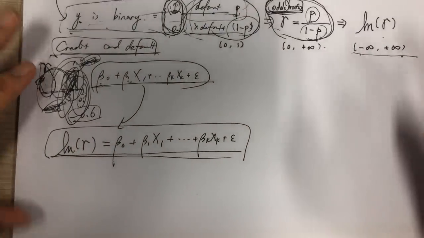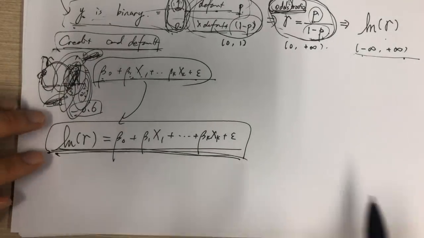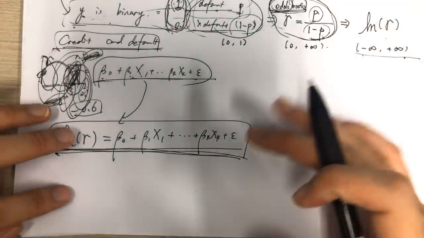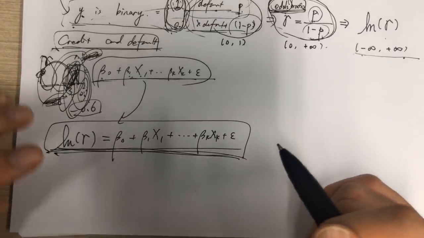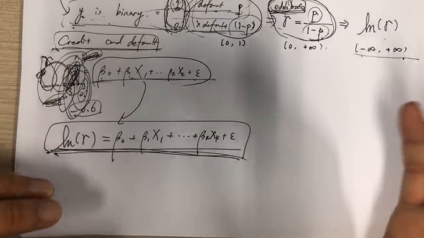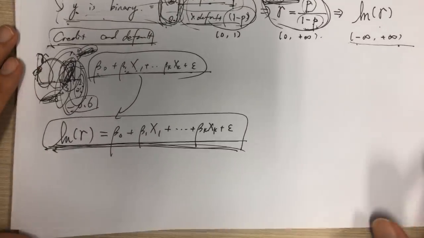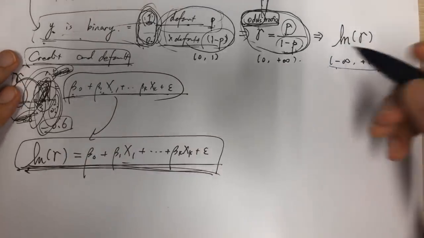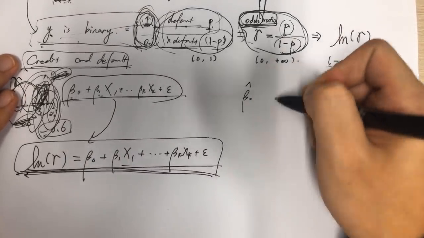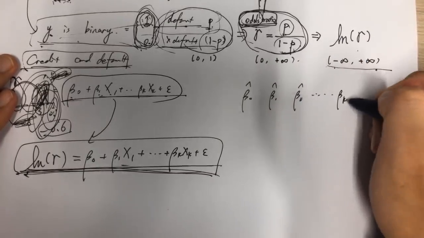And the good thing is you are not required to know how to estimate the logistic regression, because instead of the ordinary least squares method, we use the maximum likelihood method. And this is beyond the scope of this unit, so don't worry about that. The question will be much easier because you'll be given all the beta hats, beta 1 hat, beta 2 hat, and so on, up to beta k hat.